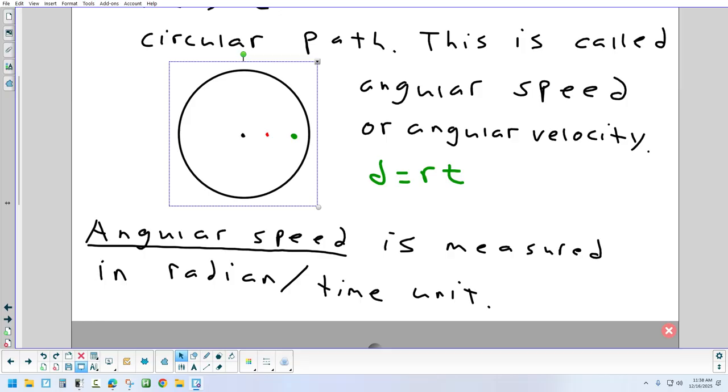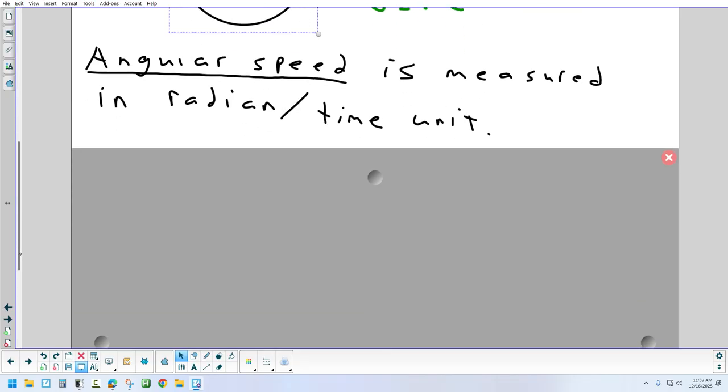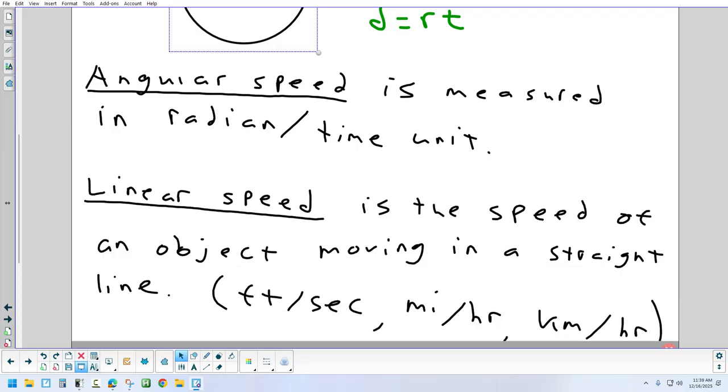So angular speed, we're always going to use radians per, and then the time unit, I don't care what you use. I would just use whatever's in the problem. Minutes, seconds, just whatever they give you. Now, if you compare that to linear speed, it uses units like feet, miles, inches, centimeters, anything that would measure something that's moving straight, not rotating.